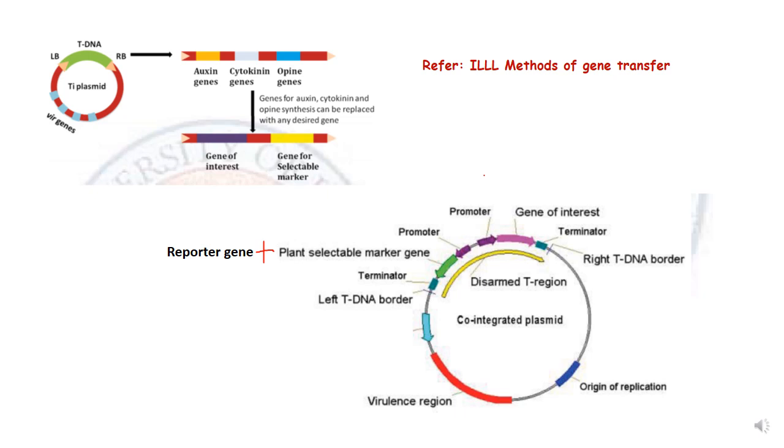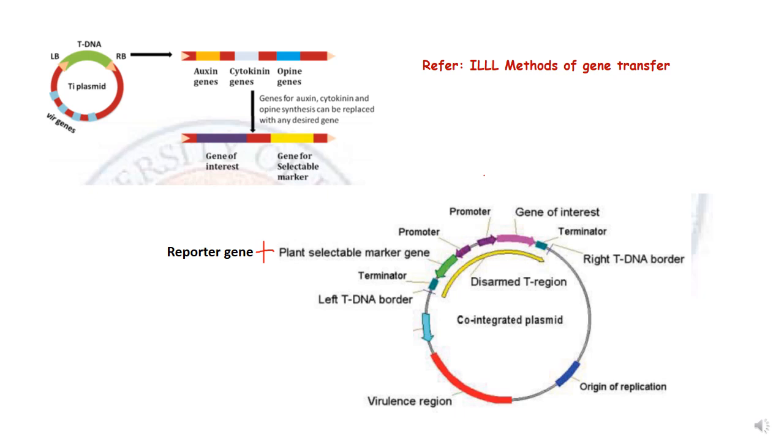The picture at the bottom shows the co-integrated plasmid, which has a virulence region, origin of replication, and tDNA, where the oncogenes are replaced with the gene of interest, as well as reporter and selection marker genes.